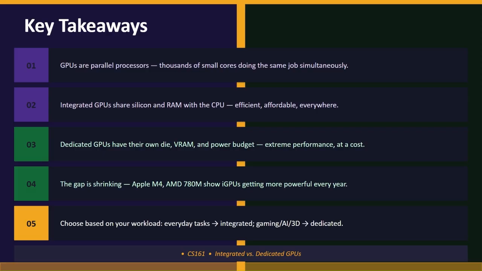The integrated and the dedicated are coming to a match, as the performance is getting better and better over the years. We also have to take into account what we need it for. If it's for everyday tasks, we use integrated, and if it's for gaming, AI or 3D, we use dedicated. Thank you.